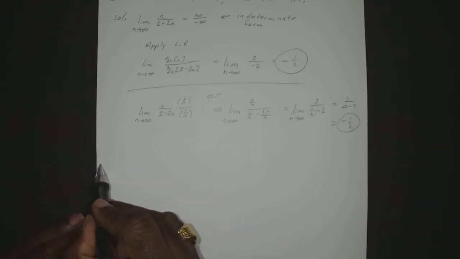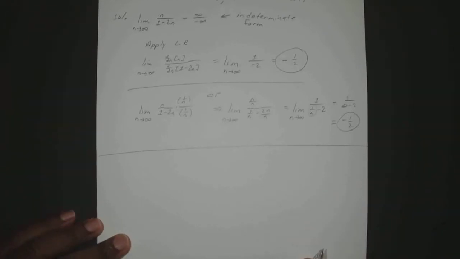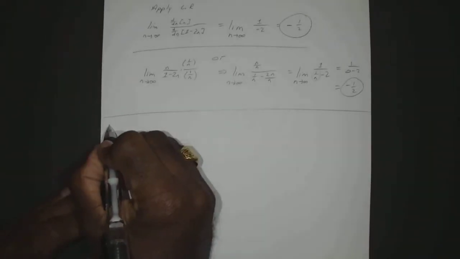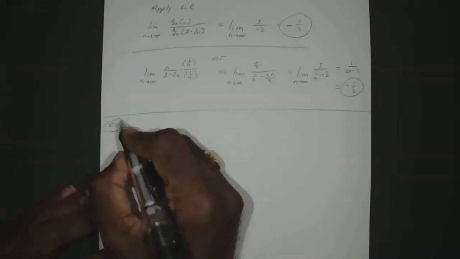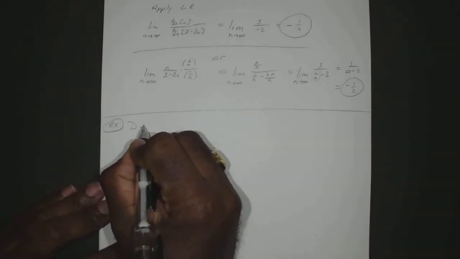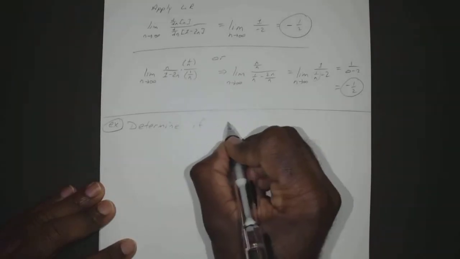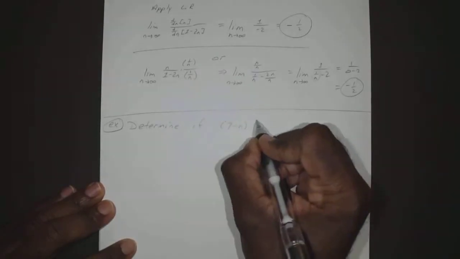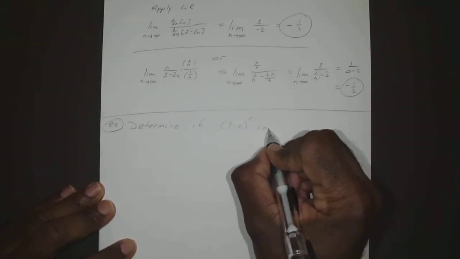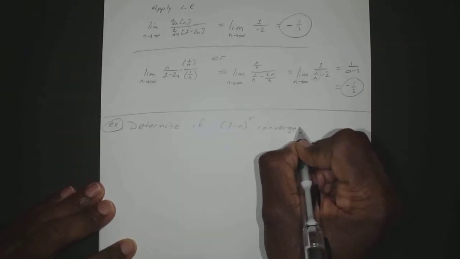Right. So let's say, for example, we wanted to determine if 7 minus n to the 5th power converges, and if it does, what does it converge to?